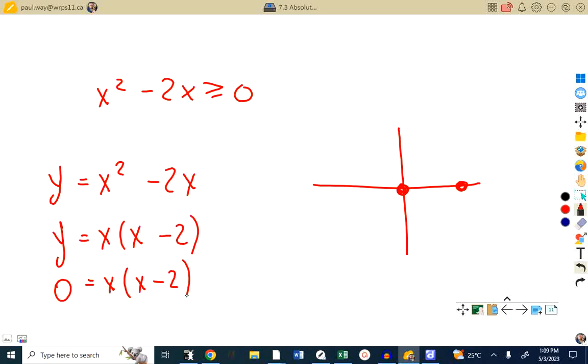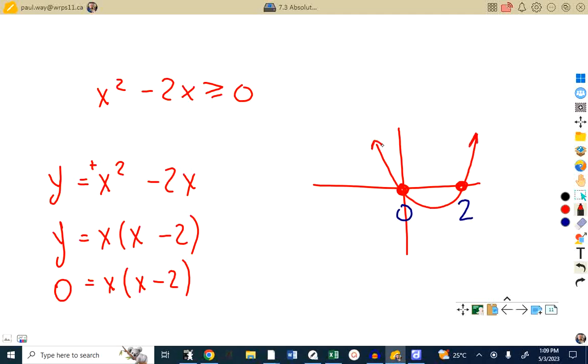The bottom line is those x-intercepts are at 0 and at 2. We also reach back into the unit before, and since this was positive x squared, we know this parabola would open up. So what good is that? Well, that's telling us where x squared minus 2x is greater than or equal to 0.